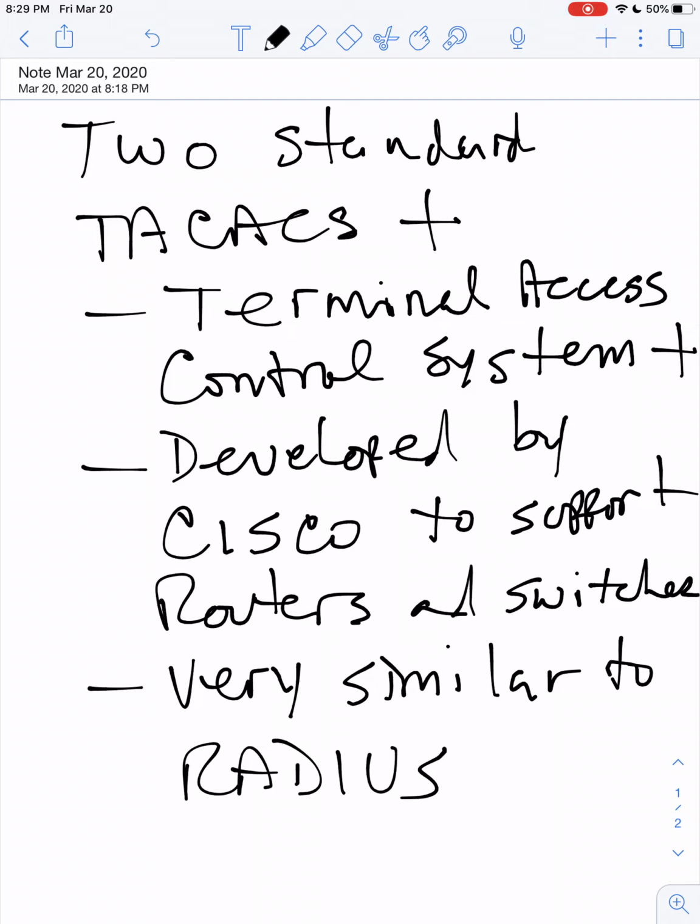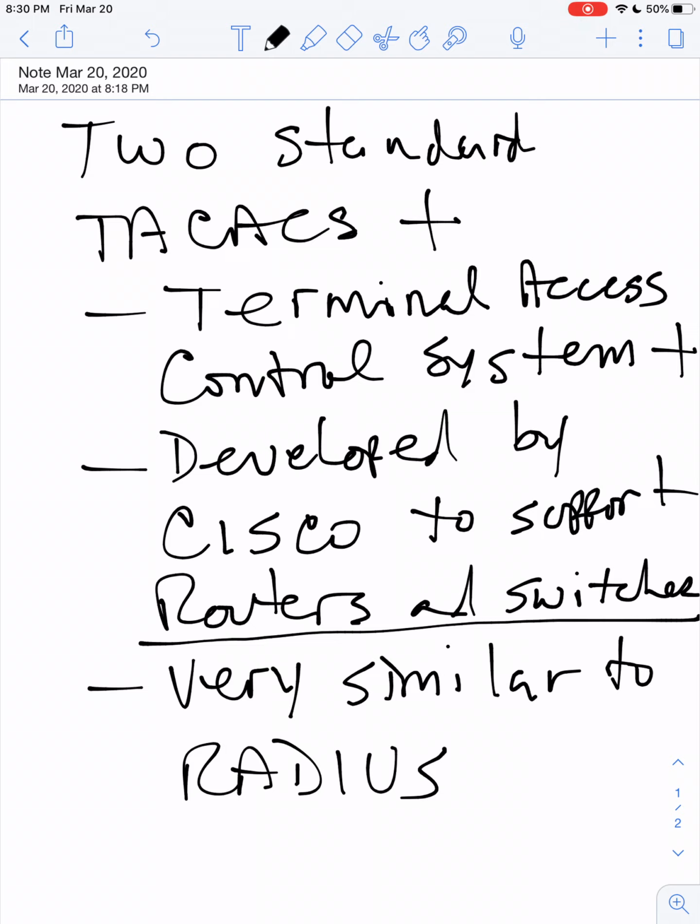Now, even though it was developed to support routers and switches, you can use it for other authentication mechanisms. Most other operating systems just don't support TACACS. So just keep that in mind. Some do, some don't. You're more likely to find applications that support TACACS versus operating systems.